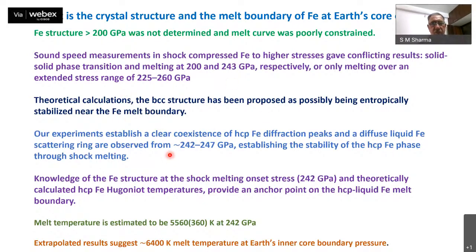Shock experiments established that the BCC phase transforms to the HCP phase. And then at higher compression, a diffuse scattering from the liquid emerges over a very small pressure range of 242 to 247 GPa, just about 5 GPa, in contrast to earlier claims of almost 35 GPa.